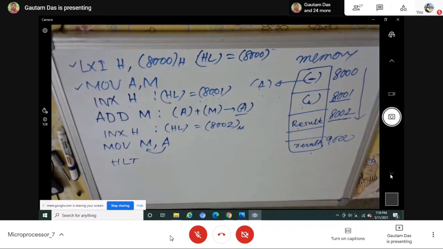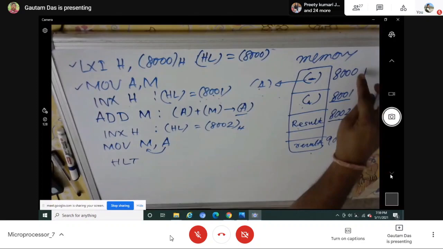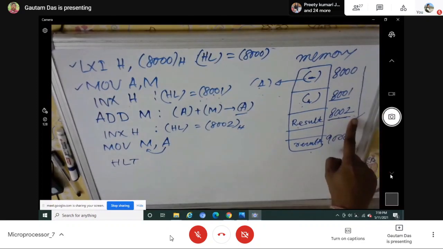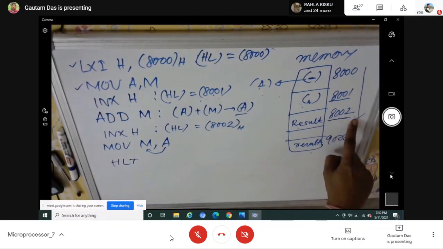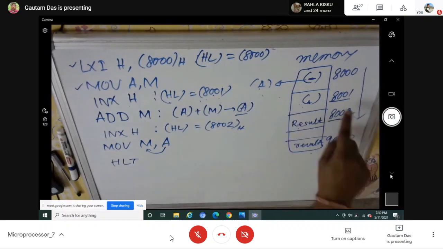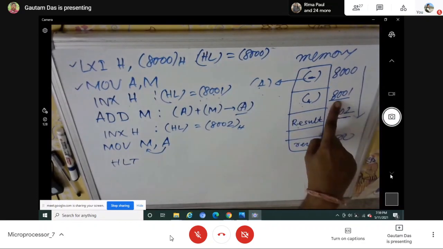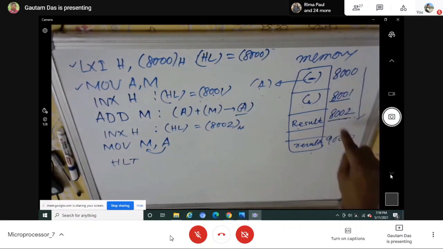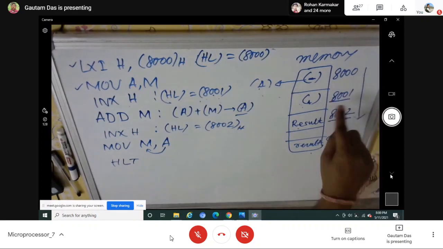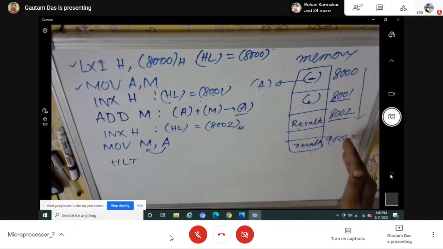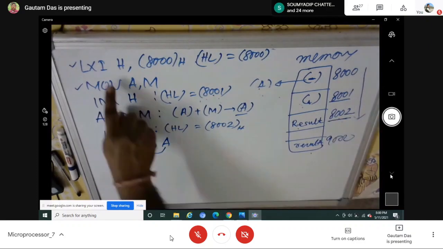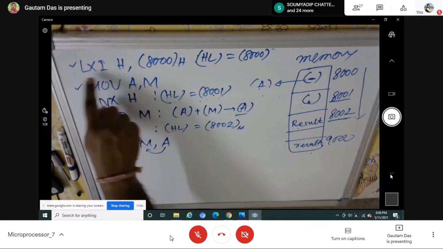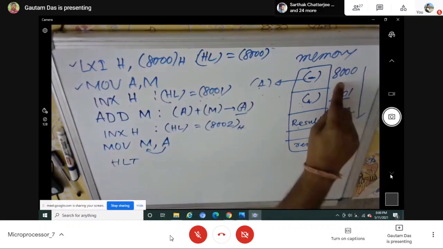So remember, whenever you are writing a program where you have to perform operations on data stored in consecutive memory locations, and you know that to perform any operation with memory data the address of the memory must be stored in HL, then if the memory address changes consecutively, instead of using LXI H repetitively, you use this instruction only once to store the starting address.